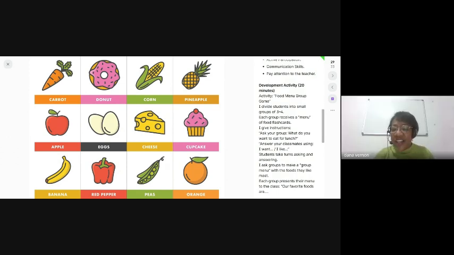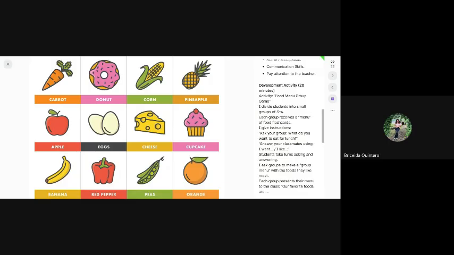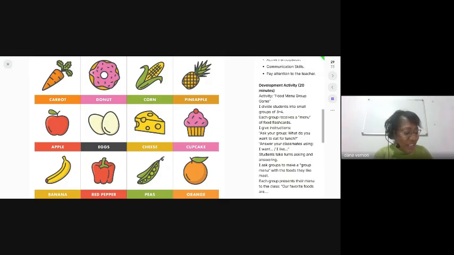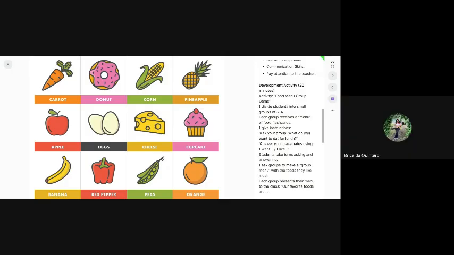Development activity. I do like concentration. Oh my goodness, what level is that? Third grade. Oh, really, they need to pay attention. Yes, but the students love English in my community, in the area I teach.